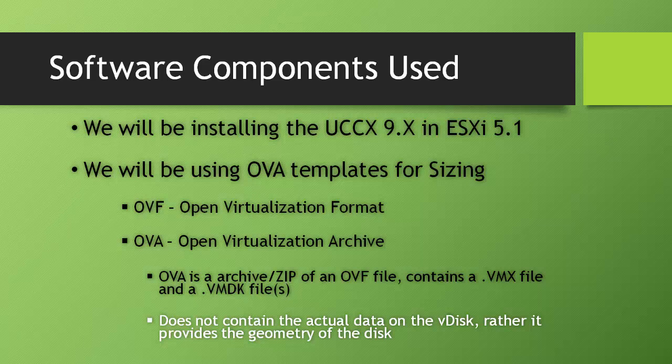Because if you think about the UC applications, and if you provided the installation files in an OVA file, it would be pretty large, maybe around 6 to 7 GB. So they just provide the OVA with only the configuration information about the virtual machine. It doesn't include any data on the virtual hard disk. Instead, you still have to download the ISO image from cisco.com and mount it to the virtual machine so that you can do the installation.